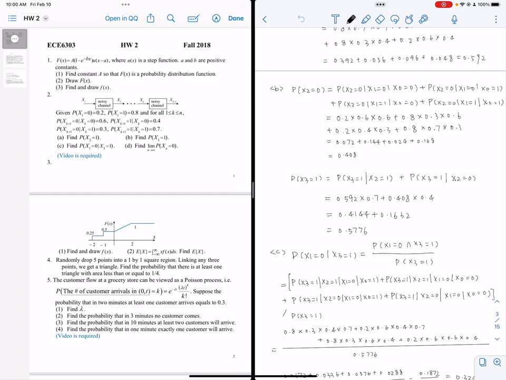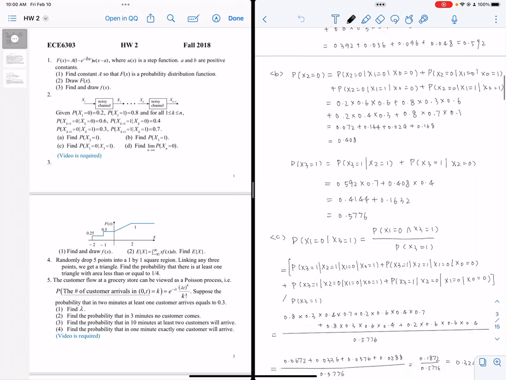Problem C is for us to find the probability of x1 being 0 given that x3 is 1.